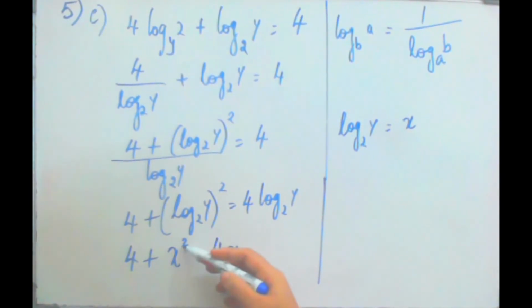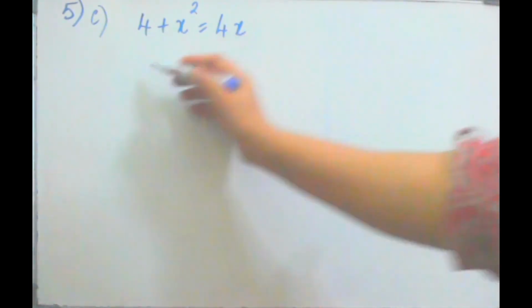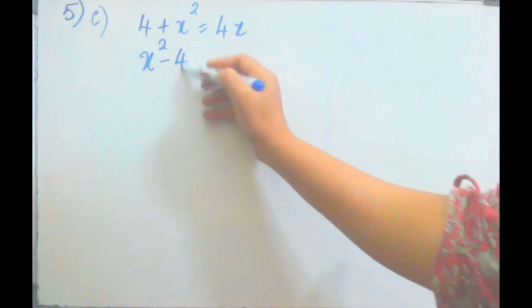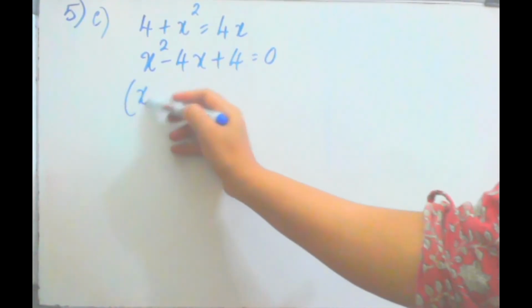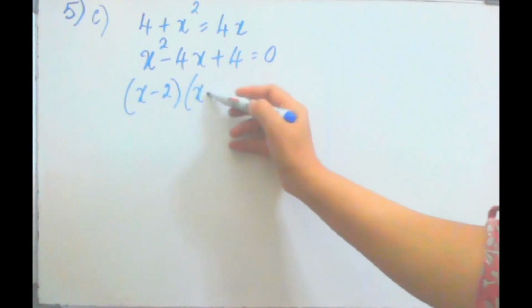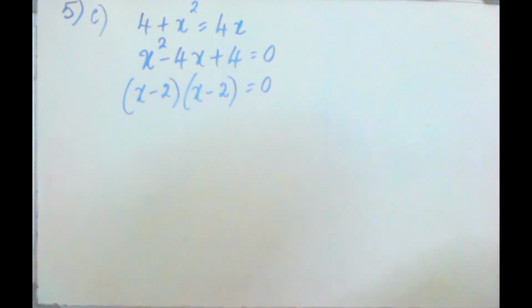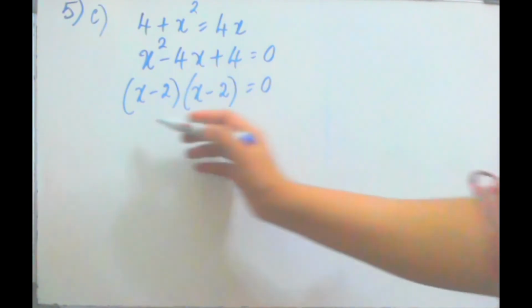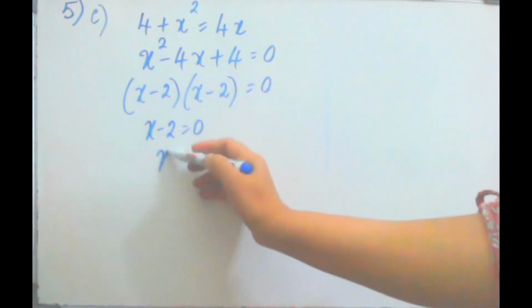So this is easily a quadratic equation which we can solve. Rearranging, we get x square minus 4x plus 4 equal to 0. This can be solved by simply factorizing. The two factors are x minus 2 and x minus 2. So from here it follows that x minus 2 equal to 0 and x is equal to 2.